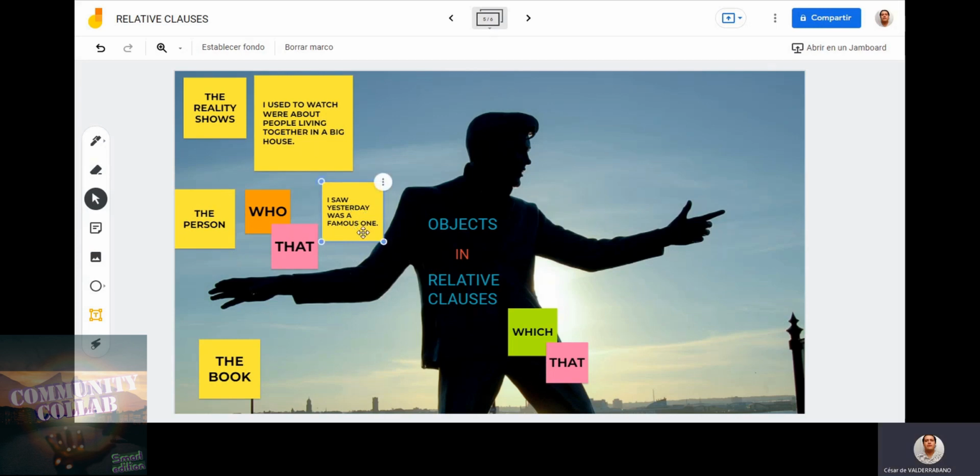It is the same, because we are using a transitive verb with an object. The object becomes the person. So that's why we can omit these clauses.